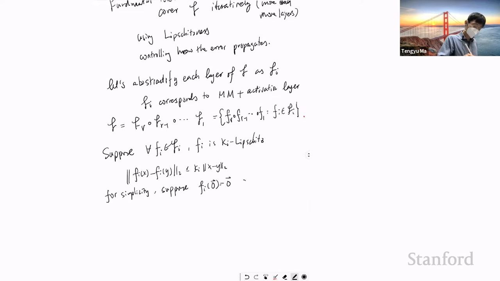Also, let's suppose that the norm of xi is less than c. This is also our assumption. With all of this, we know a bunch of basic things. For example, we can bound what's this?